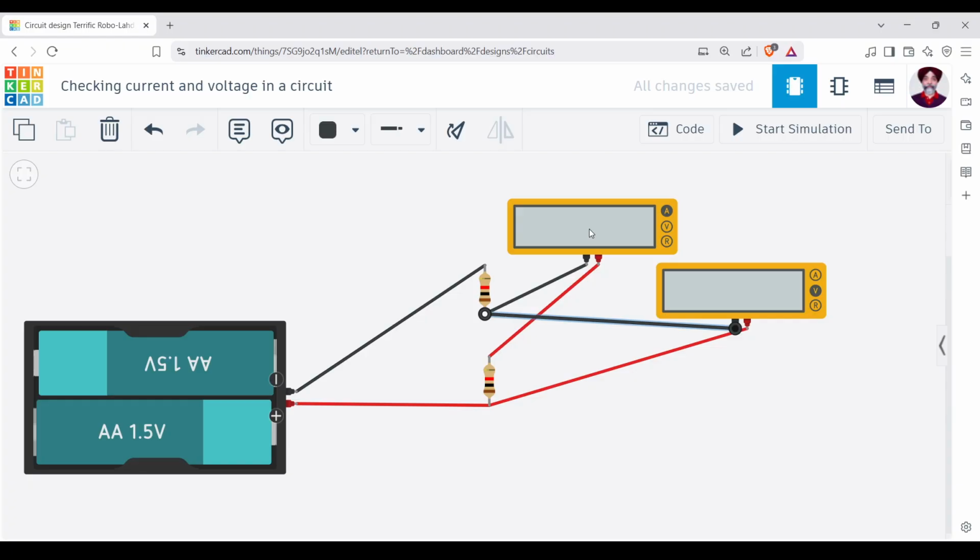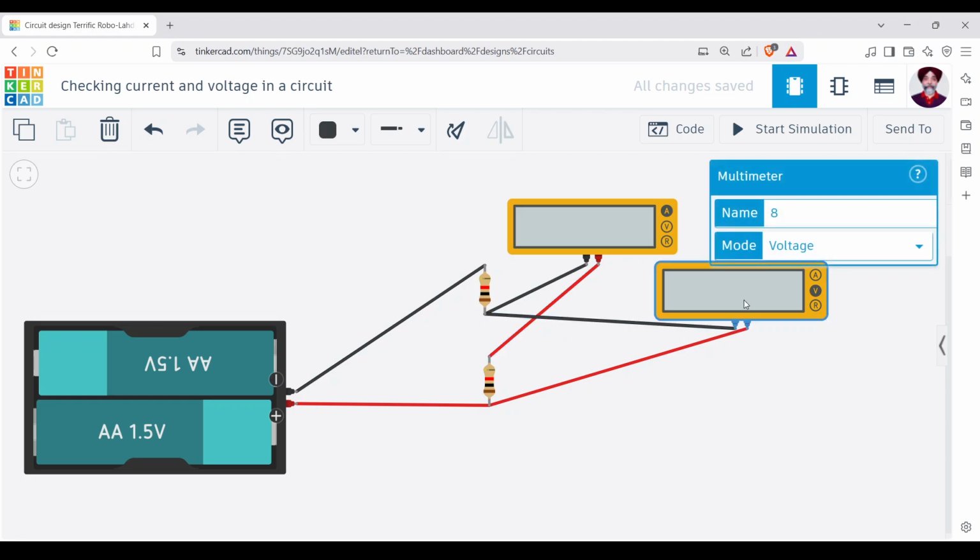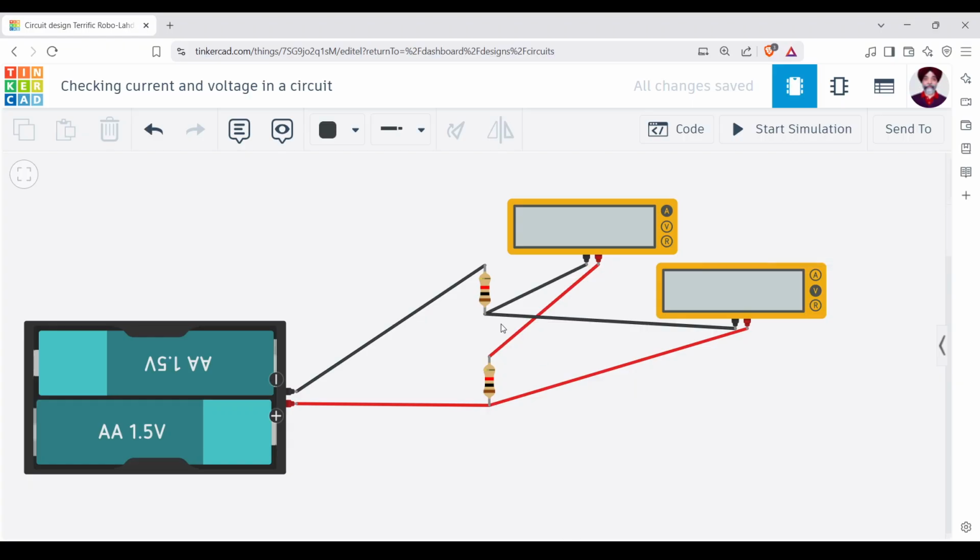If you are checking current, you should always connect the multimeter in series. That means you'll have to disconnect a few things and bring it in series in the circuit. Whereas if you are checking for voltage, you will bring it parallel to the circuit. Okay, I hope things are clear.